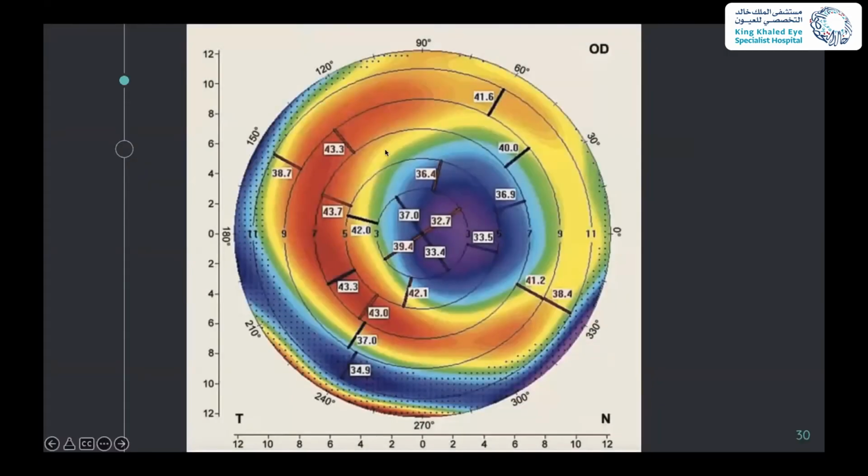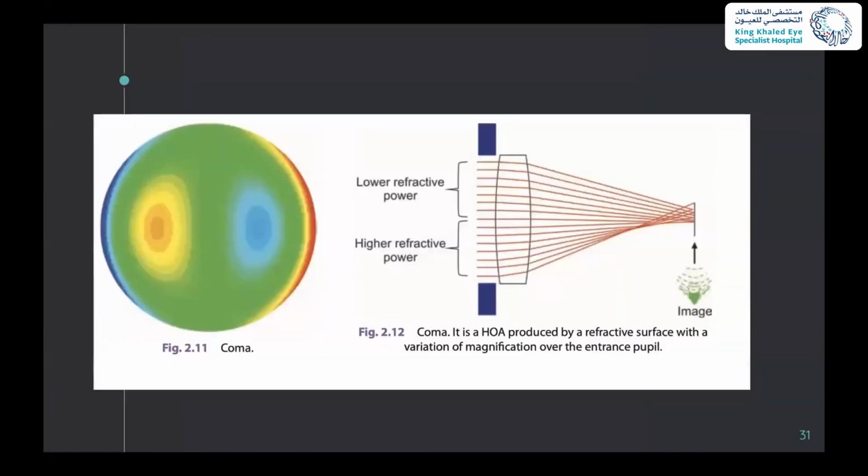Let's see this example. This is a patient who underwent a decentered myopic ablation. If you assume this is the pupil, compare this very flat area to this slightly steeper area, so we have a difference at the pupil entrance. One part is flat, another side is steep. So this will lead to coma.